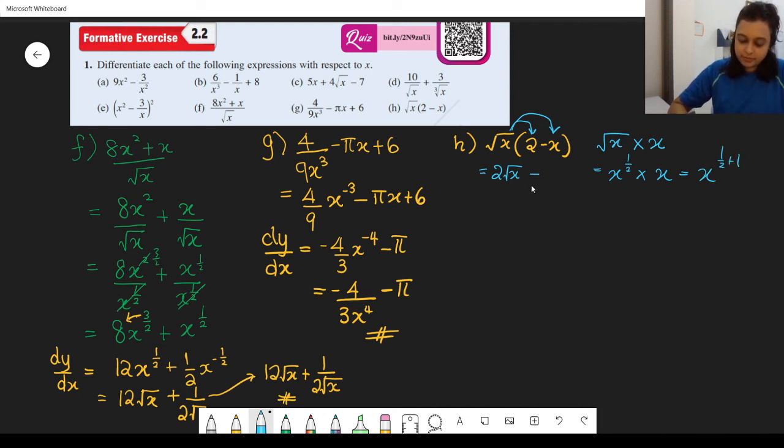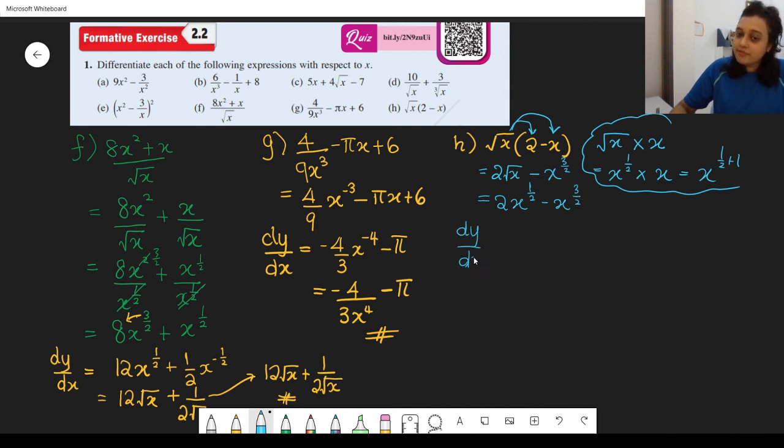Let's check. This is 3 over 2. So here will become x to the 3 over 2. Okay, this is the side working. Now you can write like this: 2x to the 1 over 2 minus x to the 3 over 2. Okay, now we differentiate.